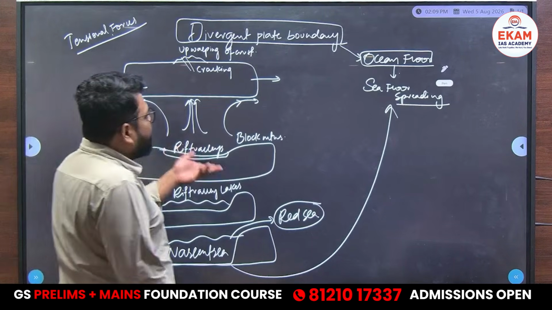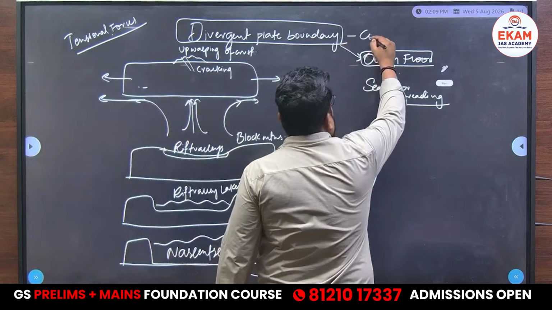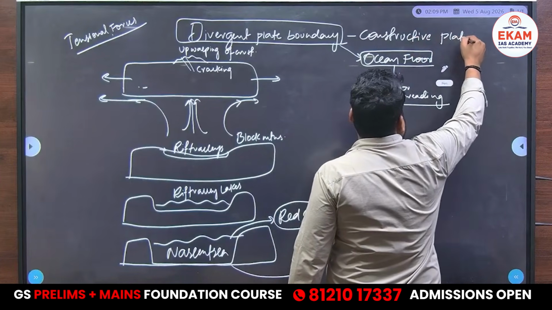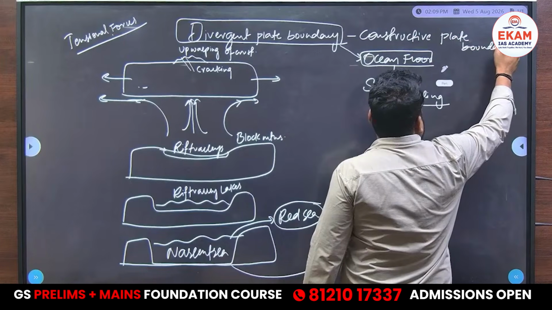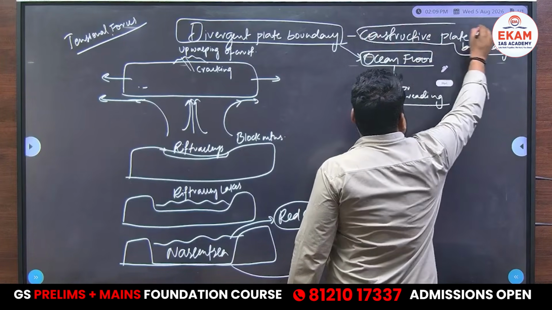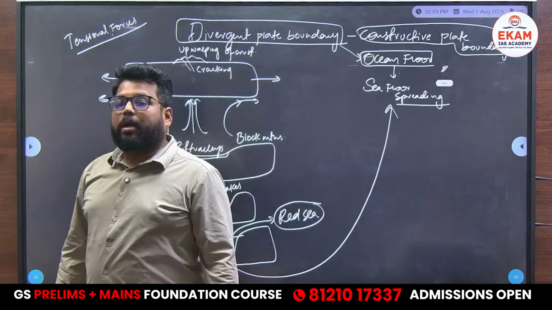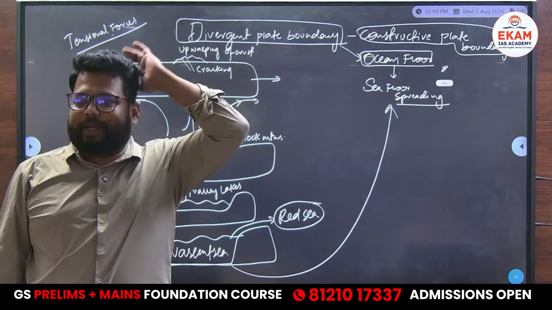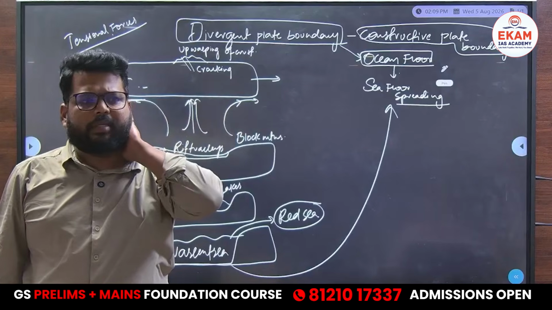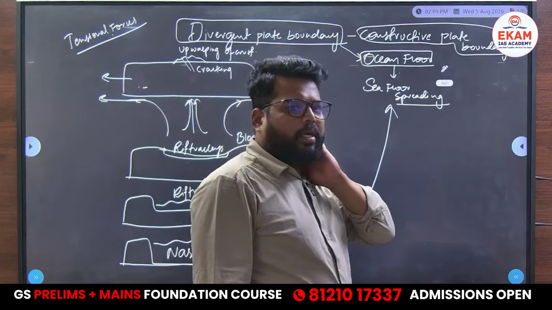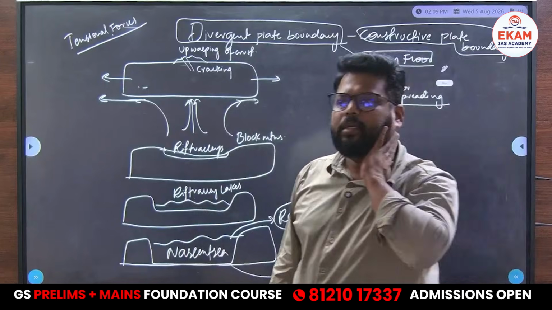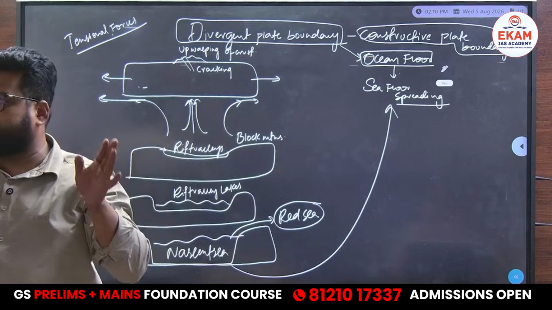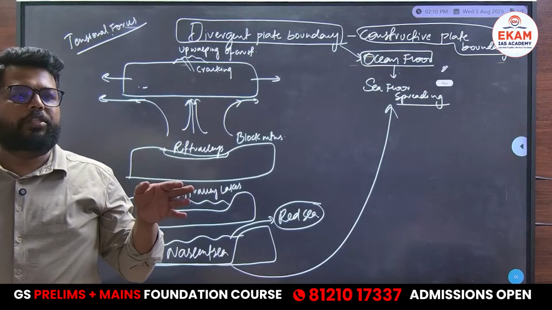Hence, divergent plate boundaries are considered as constructive plate boundaries, whereas convergent plate boundaries are called destructive plate boundaries. Are you getting this point? Divergent plate boundaries are considered as constructive plate boundaries. Convergent plate boundaries are considered as destructive plate boundaries.